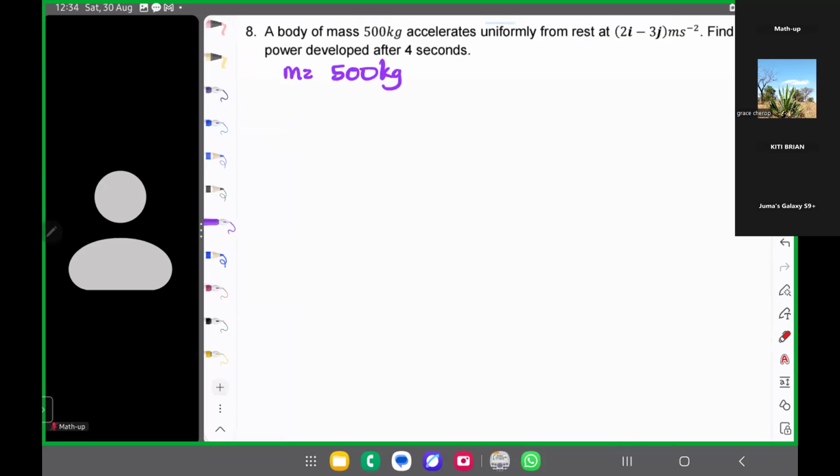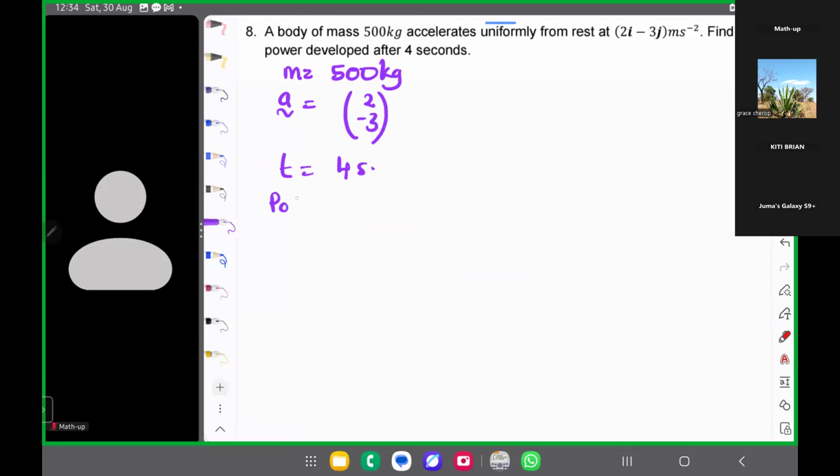We have been given the acceleration in vector form as 2, negative 3. And then they want us to get the power developed after 4 seconds.